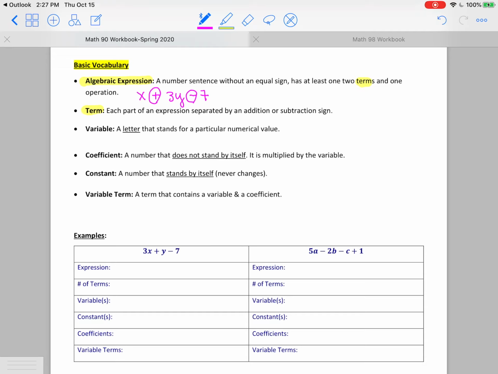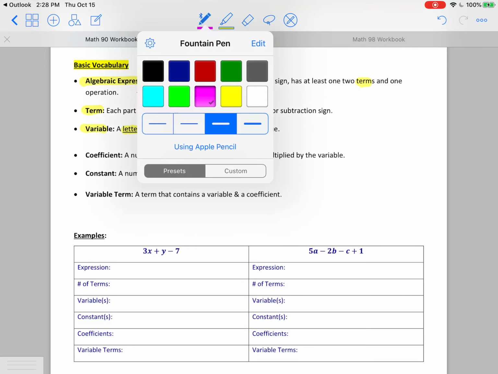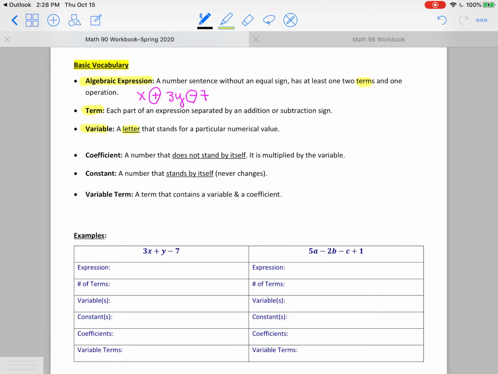All right, so as I talked about just a moment ago, variables. A variable is a letter that stands for a particular numerical value. And we use letters in our expressions because sometimes we use the expressions for different reasons. So for example, if we were to pick the expression maybe c plus 5.